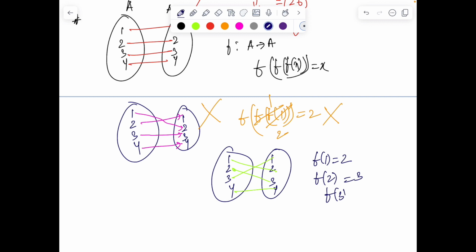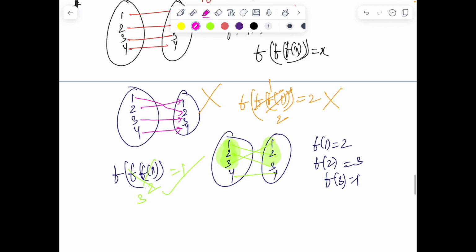So hence f1 is 2, f2 is 3, and f3 is 1. Let's give a try on f of f1, with f1 being 2, f2 going to 3, and f3 going back to 1. Yes, it's possible. So I hope you must have got a hint.